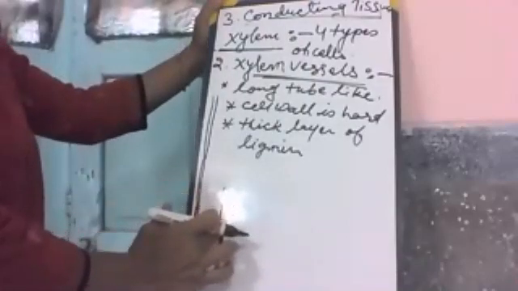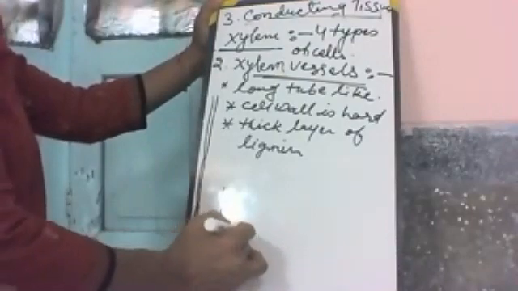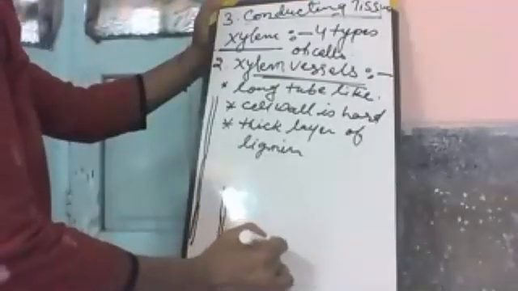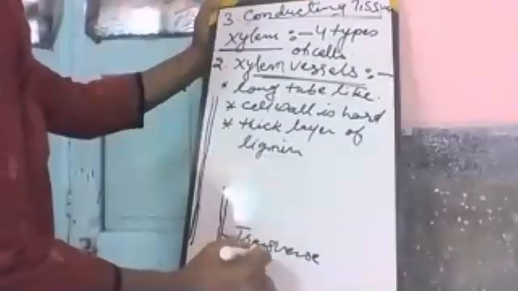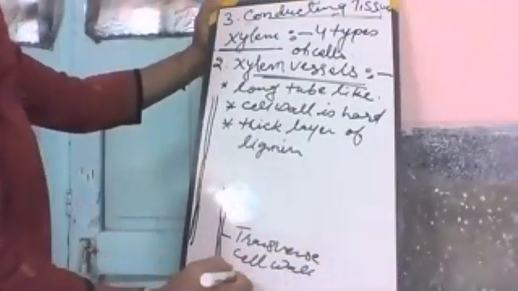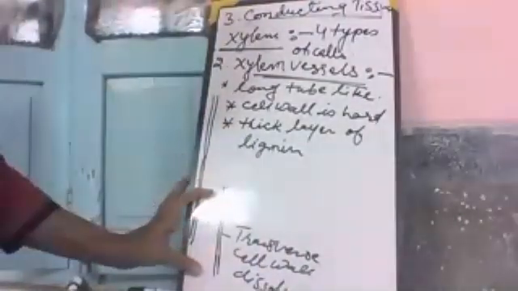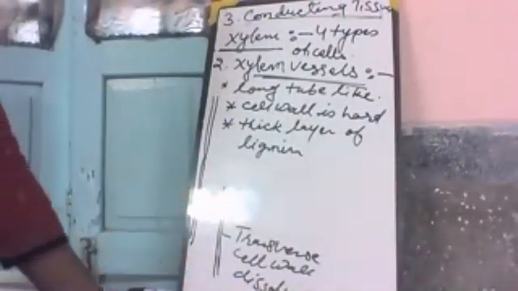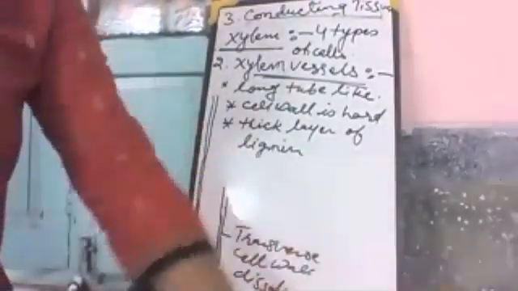The cell wall dissolves here and forms a tubular structure, a continuous passage for the water supply. This is all about the xylem vessel.